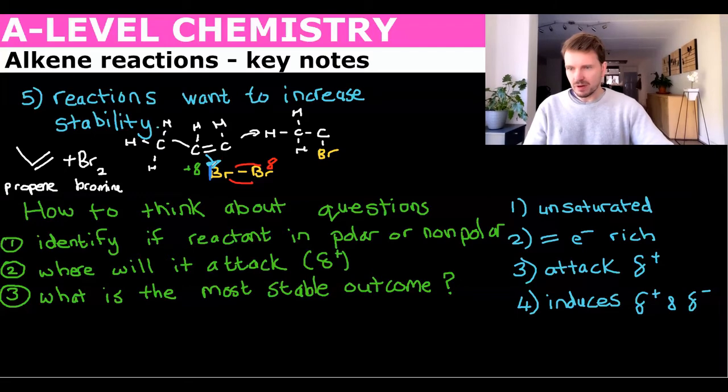Say it was HBr, this would be no different now. The only thing is it doesn't have to induce a polarity anymore. We know that in HBr the hydrogen is always positive. So it attacks this hydrogen, and so this Br is actually an H.